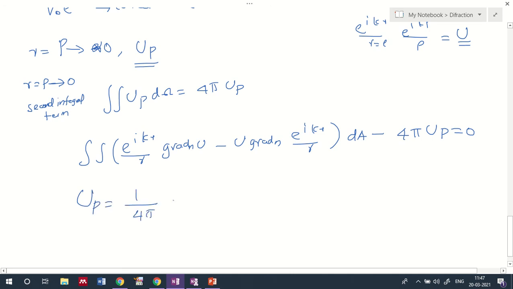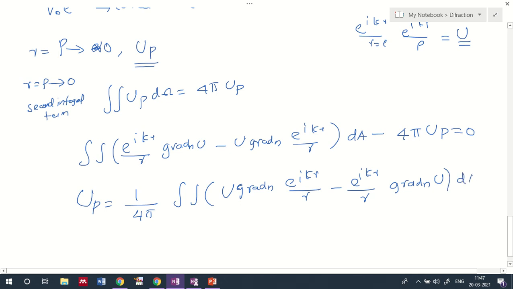1 by 4π into the double integral of this. I just simply rearranged it: u gradient n e^(ikr)/r minus e^(ikr)/r gradient n u dA will be the solution.